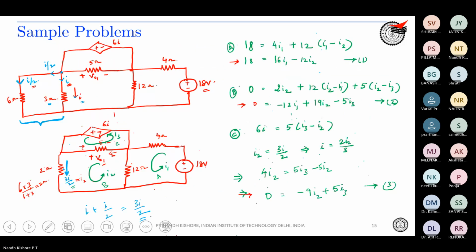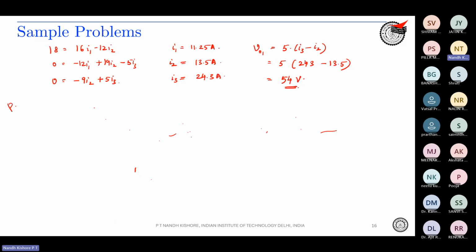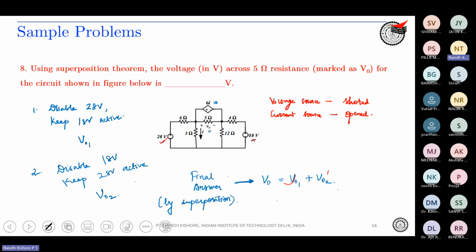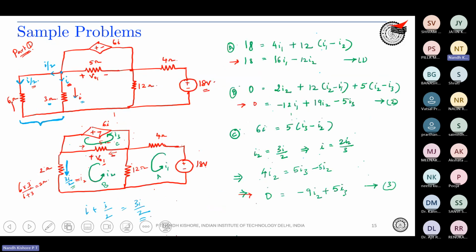This was part 1, so now we will go ahead with part 2, where we will disable the 18-volt source and enable the 28-volt source. If I go back to the circuit, the 18-volt is disabled and the 28-volt is enabled.